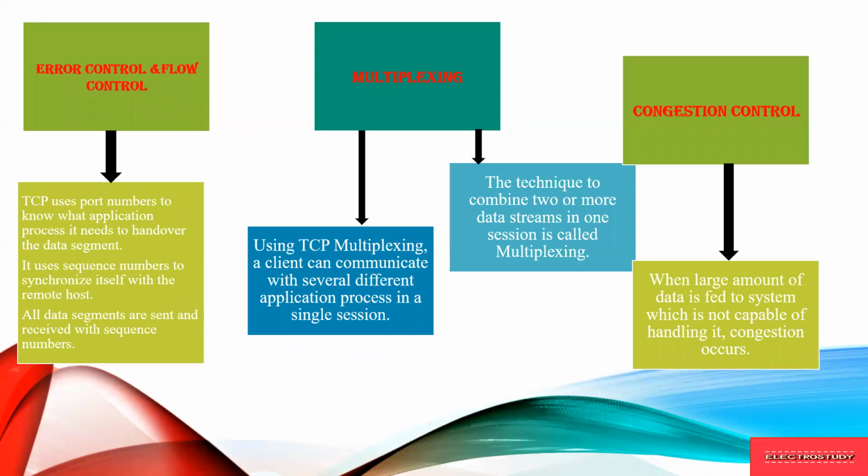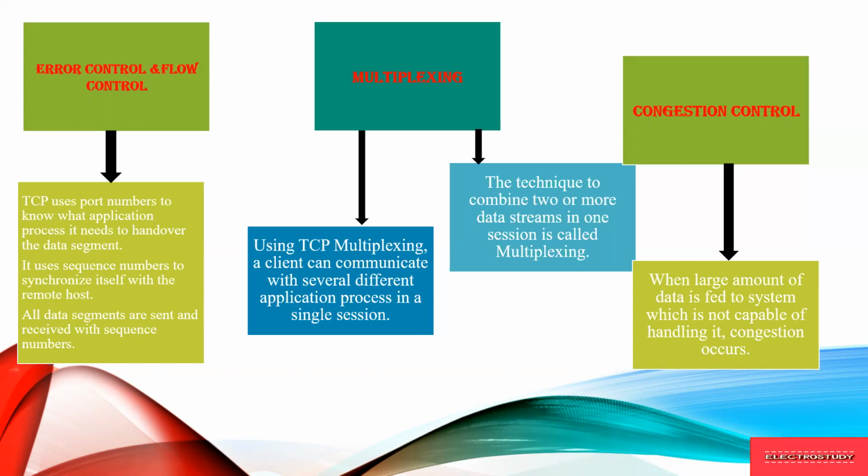And next, there are some features or characteristics that are given by your TCP. One is error control and flow control. So this TCP uses port numbers to know what application process is running, or what application process has to run next.